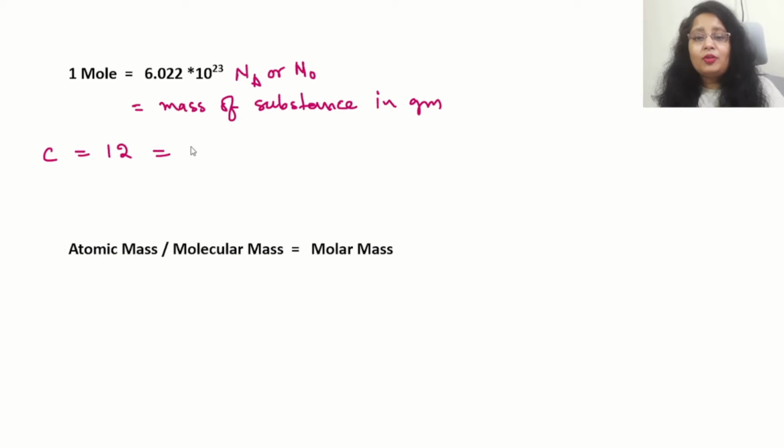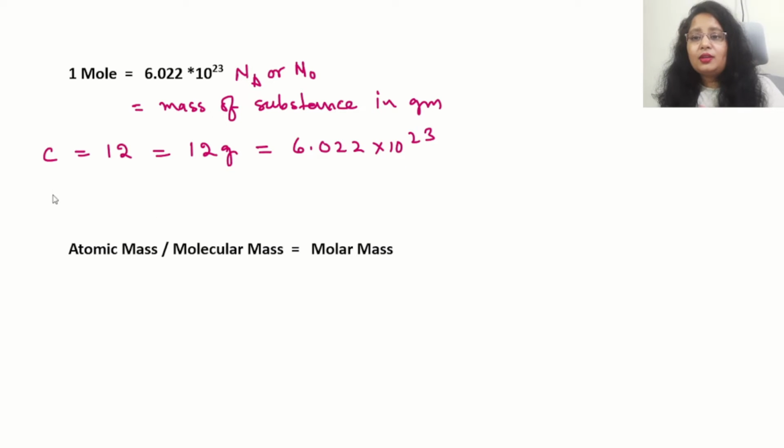That will be the molar mass, and that is 12 gram. As I told, the mass of substance in gram is called molar mass. So carbon has 12 gram of molar mass, and the number of particles in 12 gram of carbon should be 6.022 into 10 to the power 23.